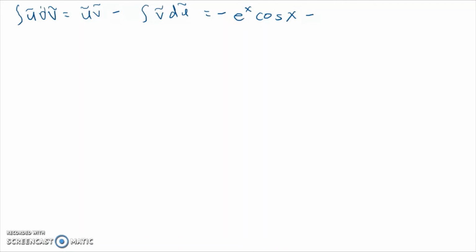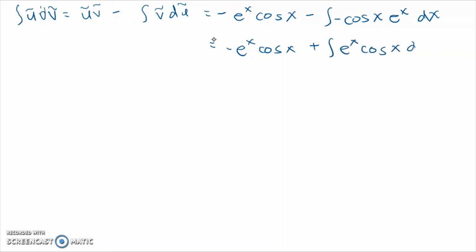So negative cos x times e to the x dx. Then I rewrite it as negative e to the x cos x plus the integral of e to the x cos x dx.